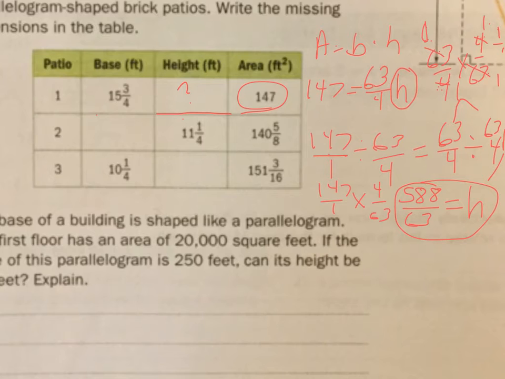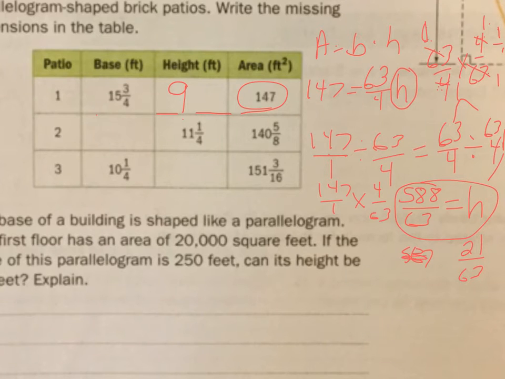It goes into it 9 times, and then there's some leftover, which should be 63 times 9, which is 567. What's left over is 21/63.